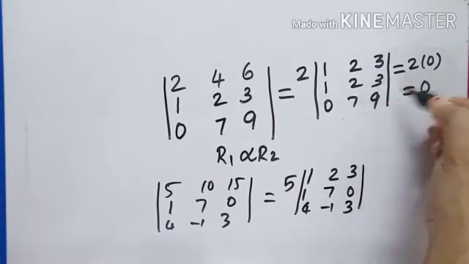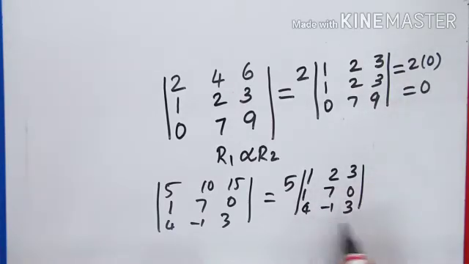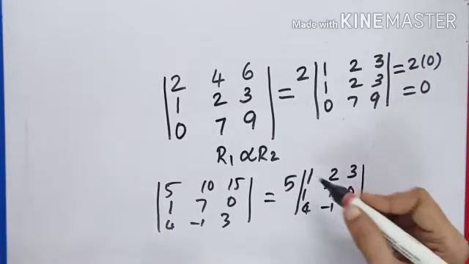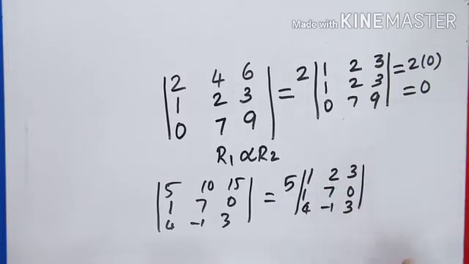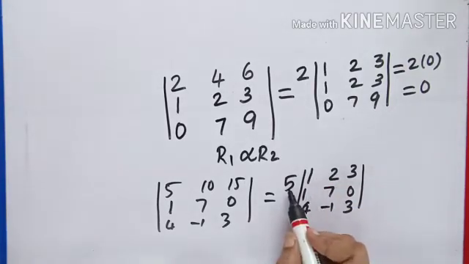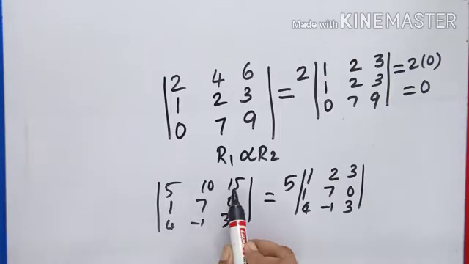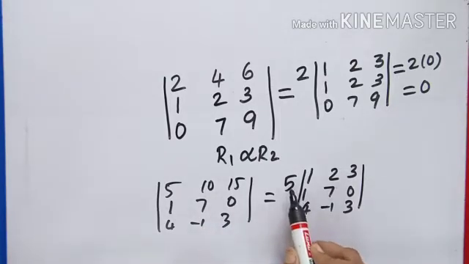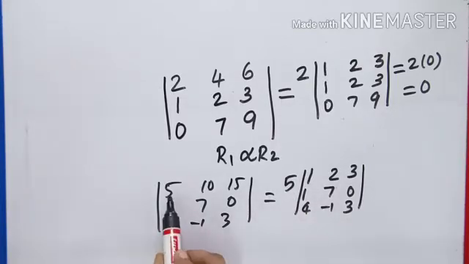Here I am able to say immediately. Now nothing is identical, so I have to expand, putting plus and minus and all that. So here what we mainly say is, any number common for a particular row, take it out. So 5 is taken. This becomes 1, 2, 3. Second row and third row, write as they are.